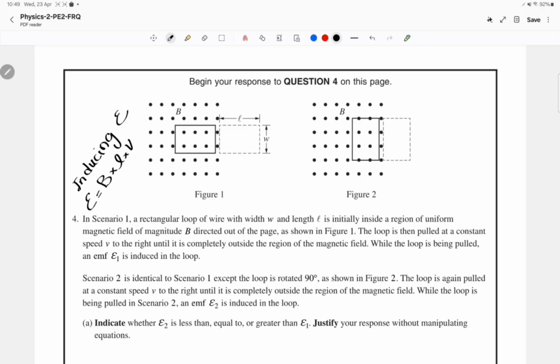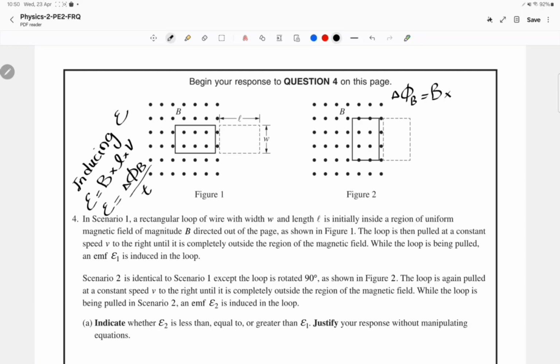But we're also going to be invoking a different equation, possibly, which is the EMF is equal to change in the flux over the time. And the change in the flux is equal to the magnetic field times the change in the area. So what's the change in the area? Is the width changing?